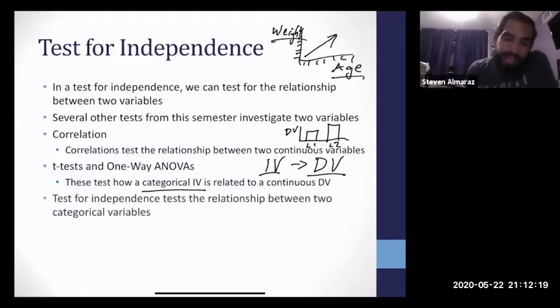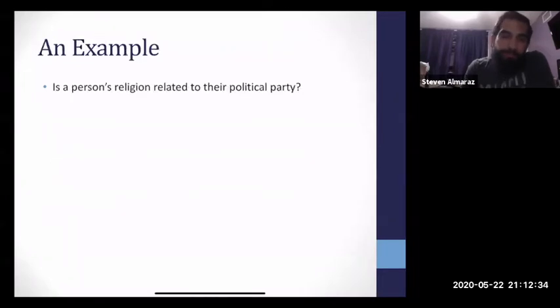Now, in a test for independence, we're actually going to be testing the relationship between two categorical variables. So this is not like what we've done before. There are no continuous variables here. So let's take an example. Is a person's religion related to their political party?